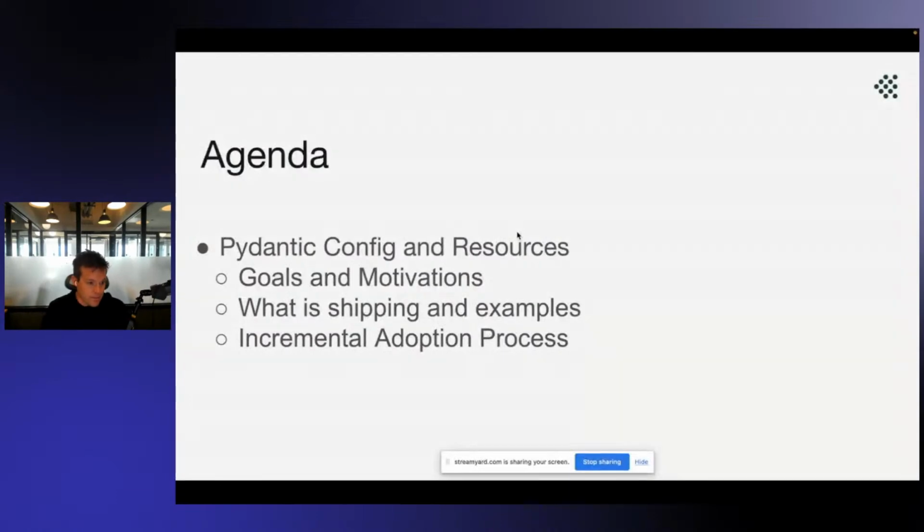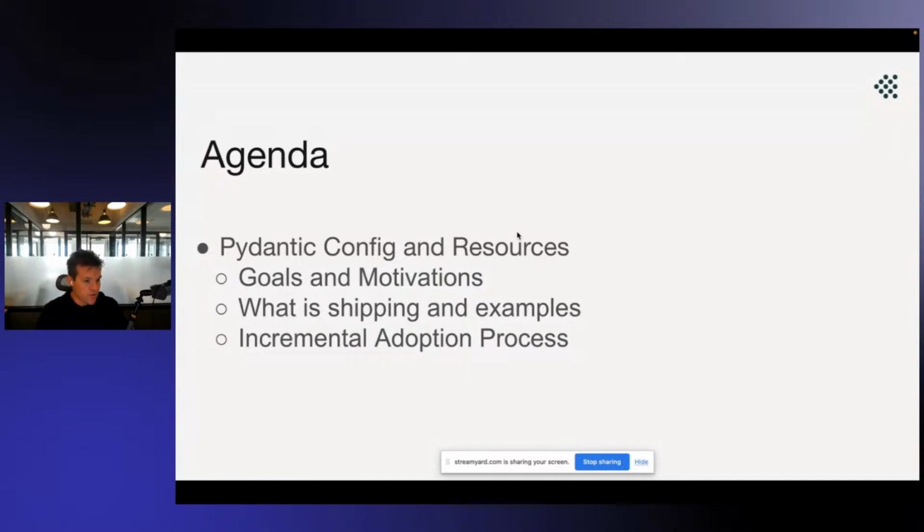I'm here to talk about the new front end for our configs and resources system that we're shipping with 1.3. Let me share my screen here, and then we'll get going. So yeah, here to talk about our new config system. In shorthand, I'm calling it the Pydantic config and resources system.